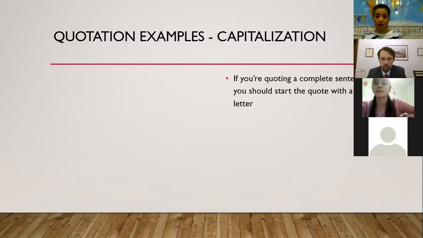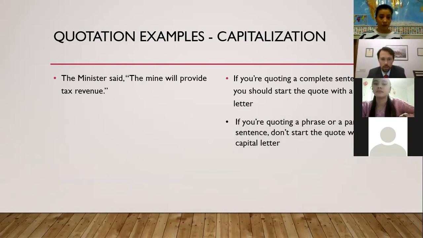Quotation examples, capitalization. If you're quoting a complete sentence, you should start the quote with a capital letter. The minister said, "The mine will provide tax revenue." So the T is capitalized. If you're quoting a phrase or a part of a sentence, don't start the quote with a capital letter. The minister called the incident "provocative." It's not a sentence by itself.